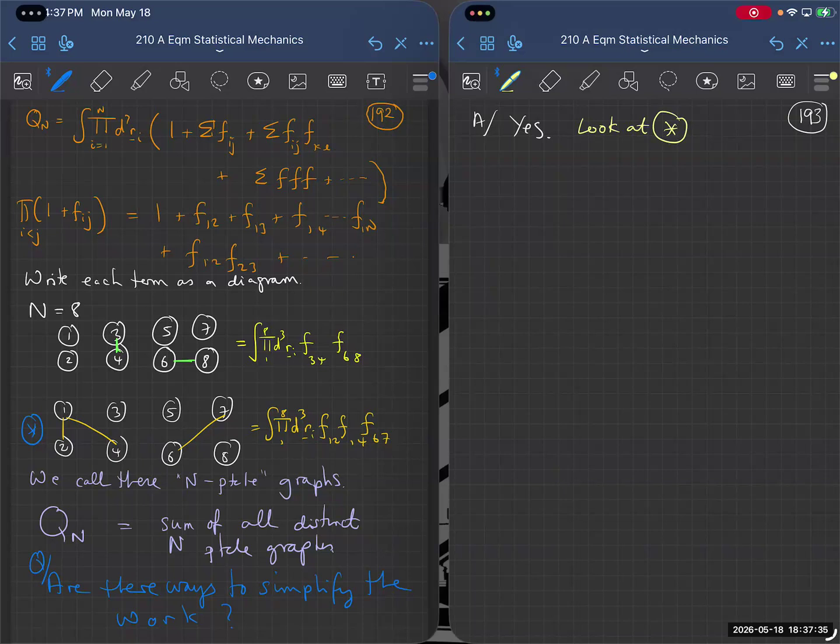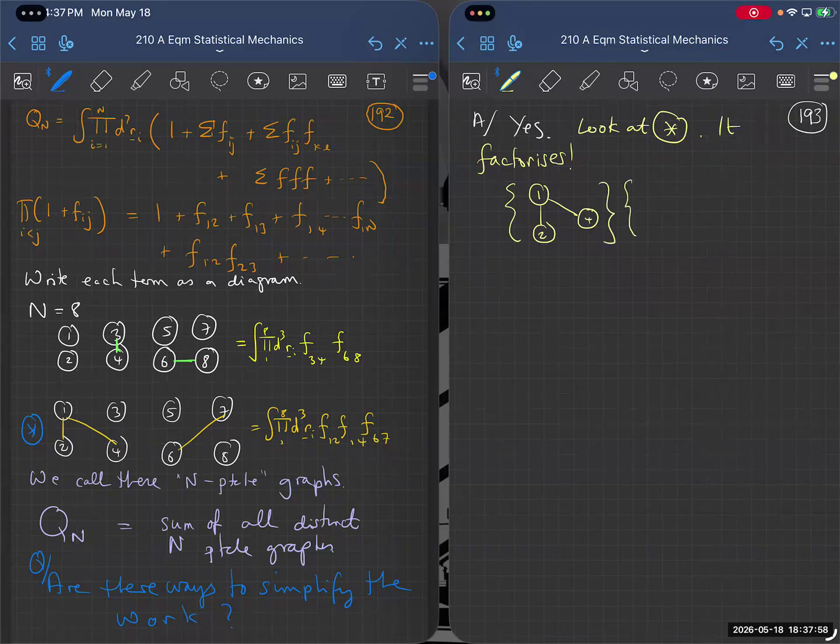So that graph factorizes, because I can write it down like this. So it's equal to that.